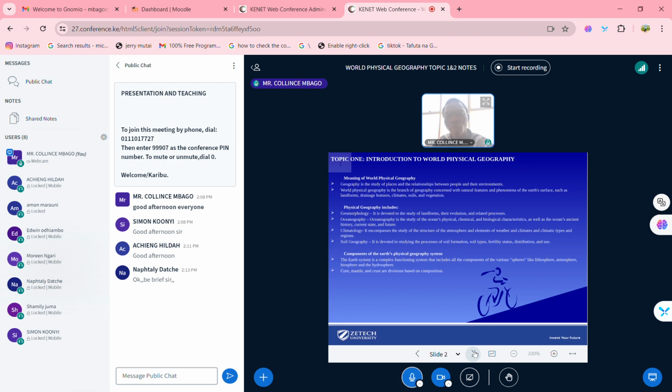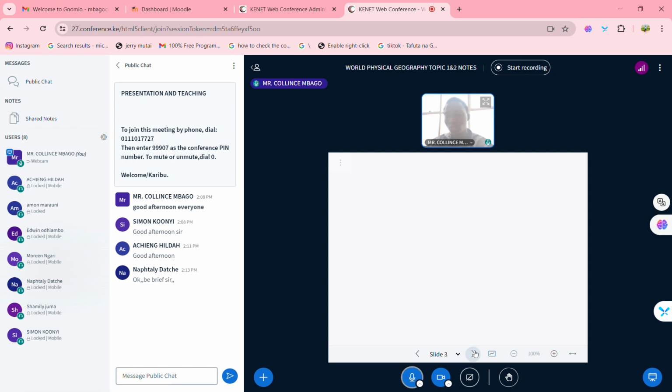Then we have the components of Earth's physical geography. We have things like the core, the mantle, and the crust. We are going to look at them in detail as we see what they entail.